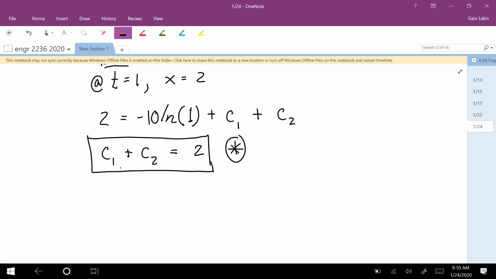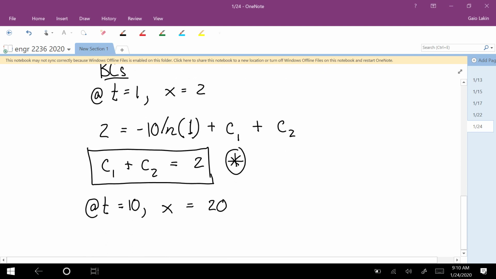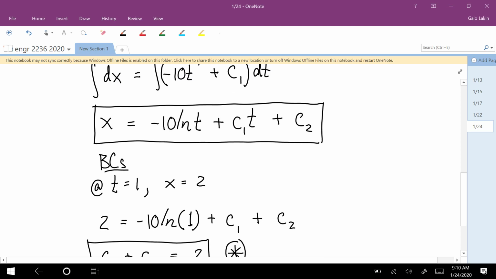So the second boundary condition says at t equals 10, x is equal to 20. So plug these into this boxed equation.